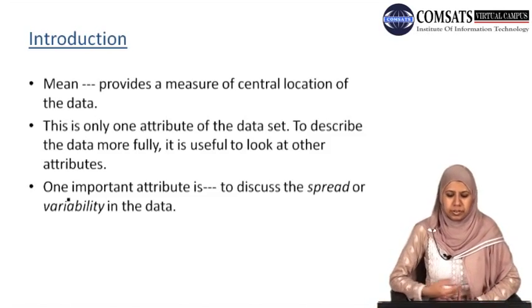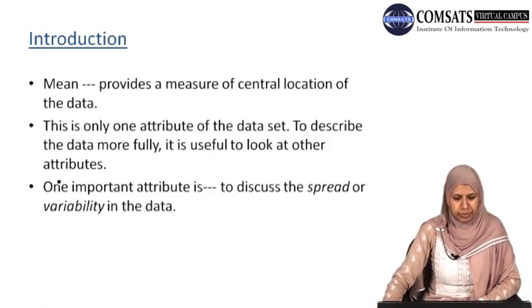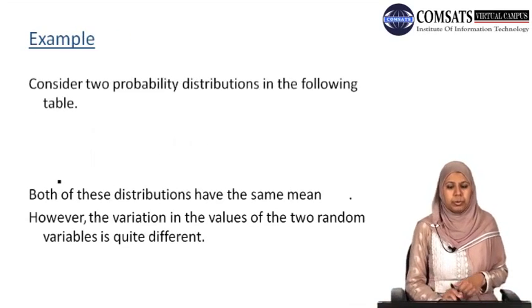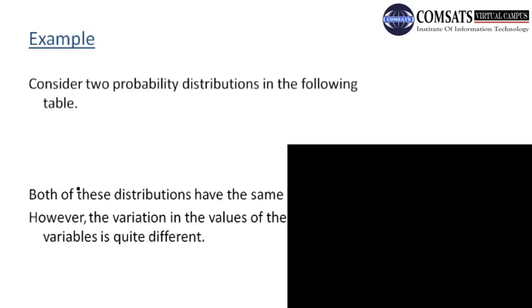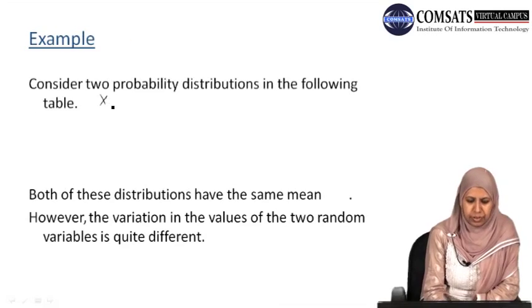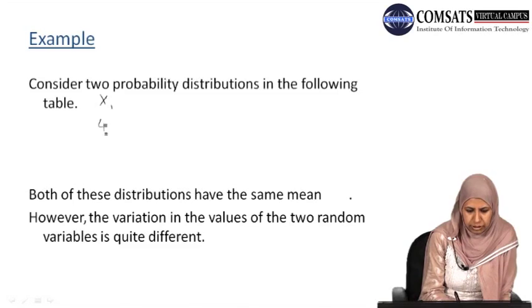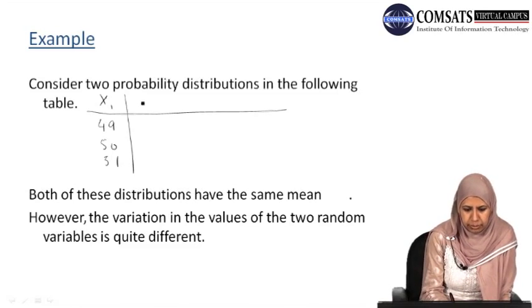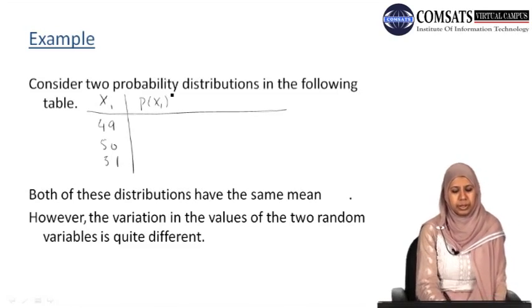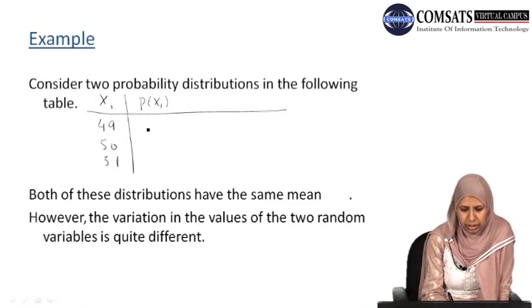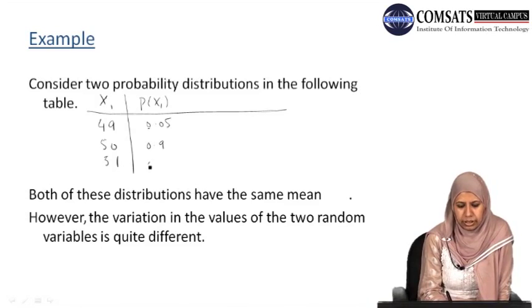So what do we mean by this spread or variability in the data? Let us consider two probability distributions which are given in the following table. We have our random variable x1 with the values 49, 50, 51, and the probabilities with respect to this random variable are given as 0.05, 0.9 and 0.05.